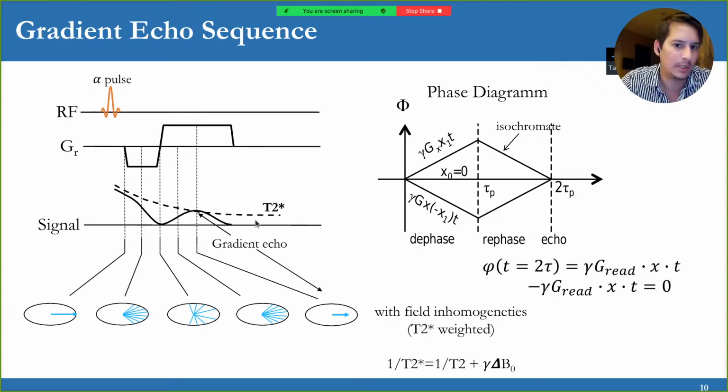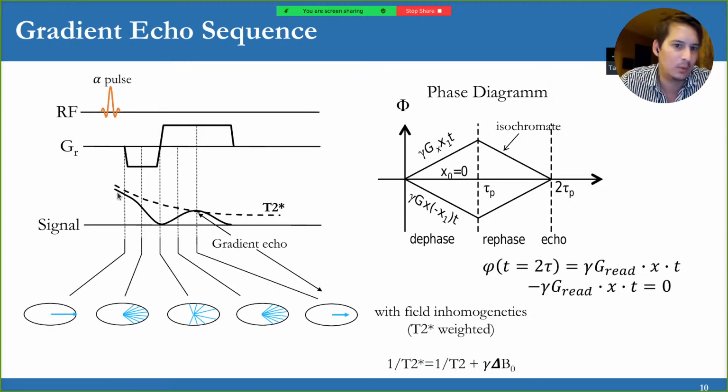And this is actually what happens when you do a gradient echo sequence in the scanner. But the good thing about the gradient echo is that you do not need to wait to do a 180 degree pulse and then with TE halves again. So you can do a sequence that is very, very fast.